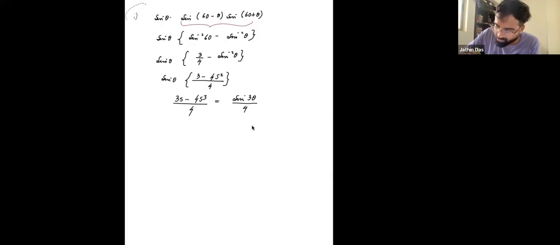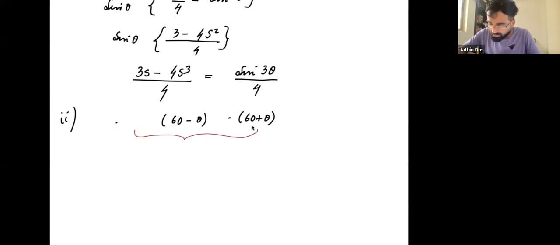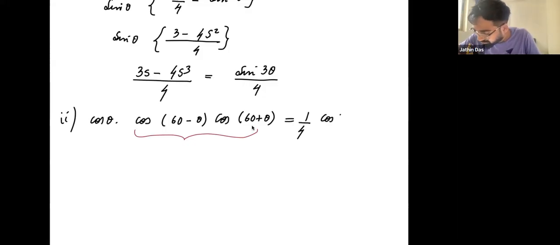And the same thing, I'm not going to repeat it now. You can do it maybe at home. The same thing will come if you take cos also. If I take cos theta, cos and cos, you will get 1 by 4 cos 3 theta. You can add 90 and do it like that. Whatever you do, still you will get it like that only.